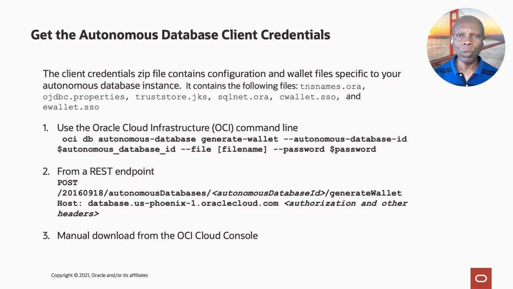You might also use a REST call, an HTTP POST with the parameters, and that can generate the client credential for you. The last option is to navigate manually using the Cloud Console, navigate to your Autonomous Database, and choose the option to download the client credential.